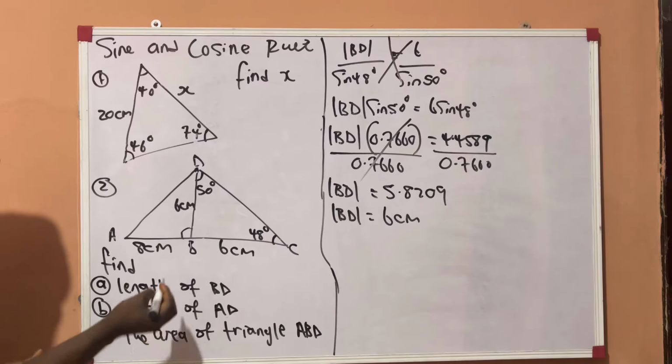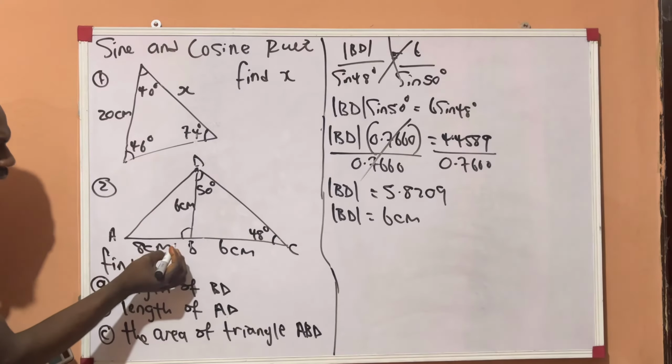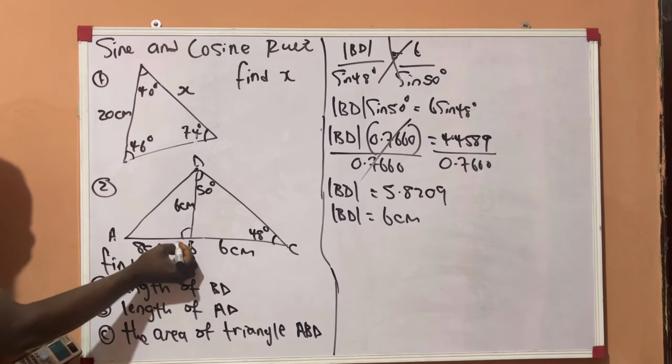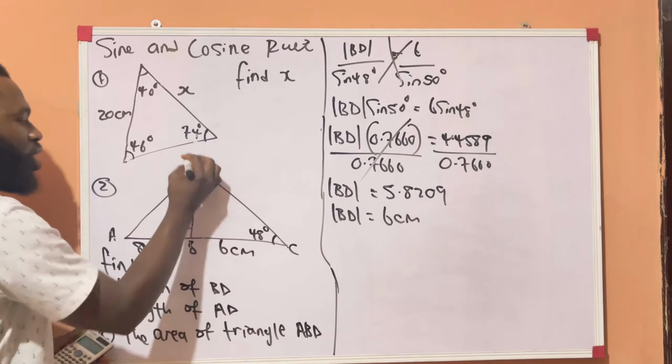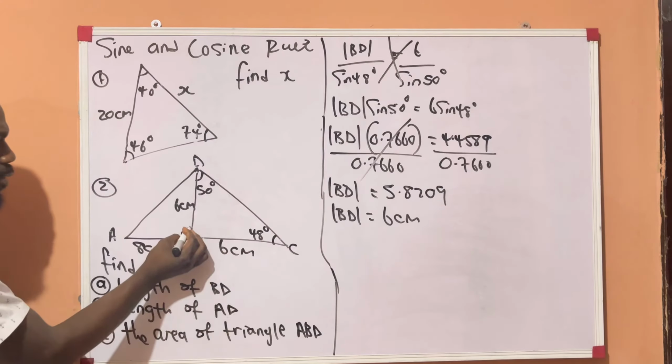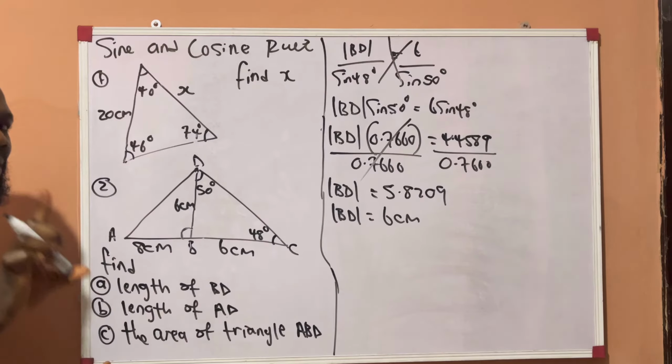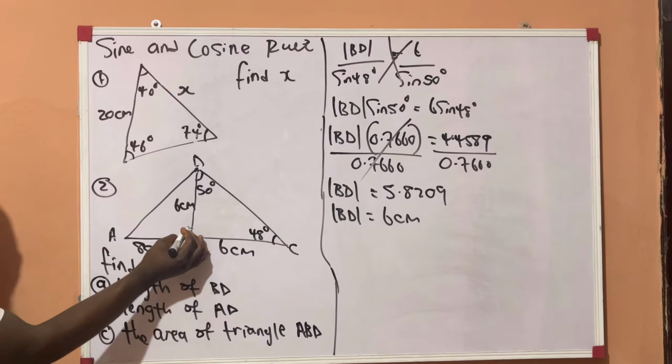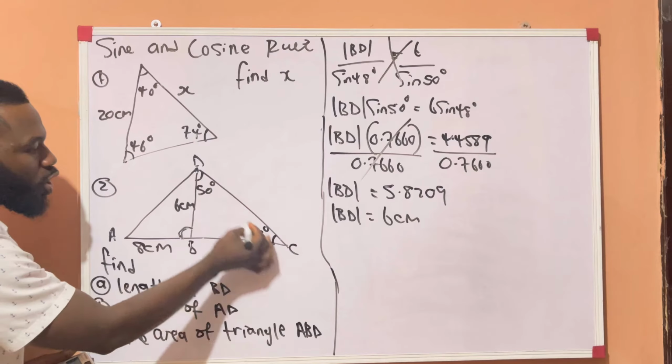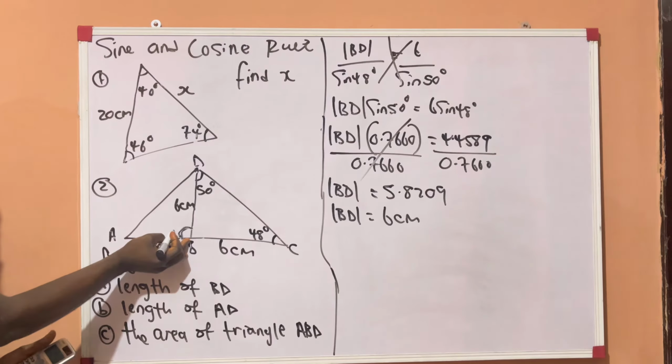You will notice that angle B is an exterior angle of triangle BCD, which is this triangle here. And the rule says that an exterior angle of a triangle is equal to the sum of the two opposite interior angles. So the sum of these two angles gives us the angle here.